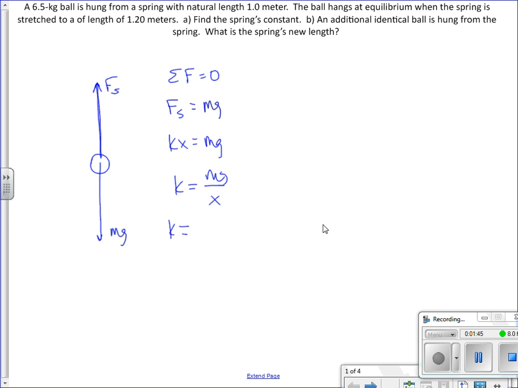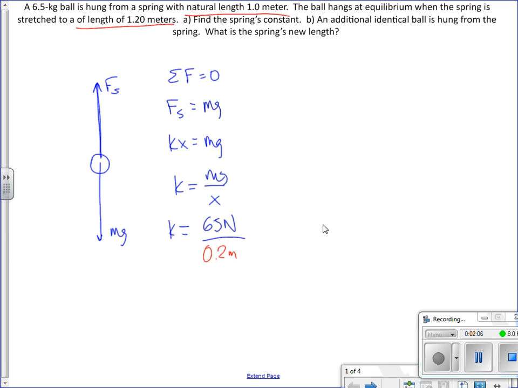k is, let's call it 65 newtons over x. x is how far the spring has been stretched or compressed. Notice, natural length 1 meter, stretched to a length of 1.2 meters. Follow?